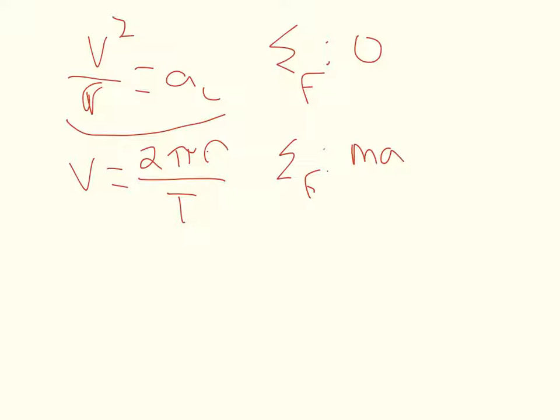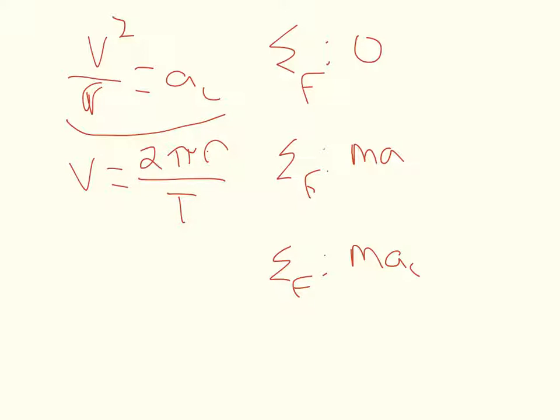Okay? And so in this special case, when we have uniform circular motion, the sum of the forces is going to add to be m times centripetal acceleration. These are for objects that are moving in a circle.